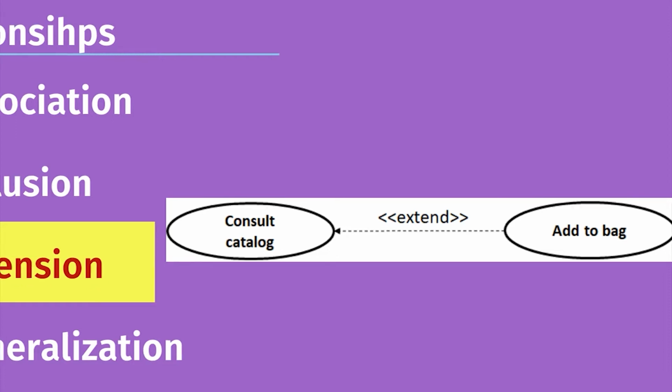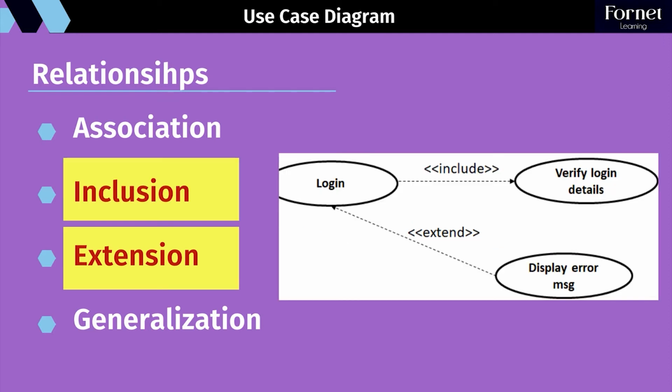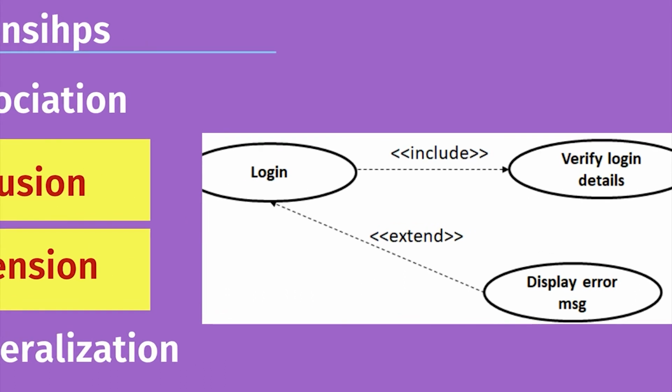Okay. So I know that these two relationships, inclusion and extension, may confuse you. So let's see another example to clarify this. We have here a very basic example to help you differentiate between include and extend. When you log in to a website, the system will absolutely verify your login and password. That use case happens every time you log in.